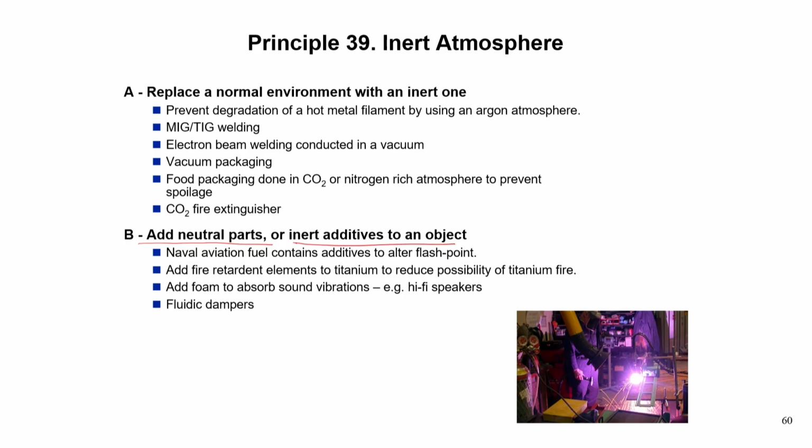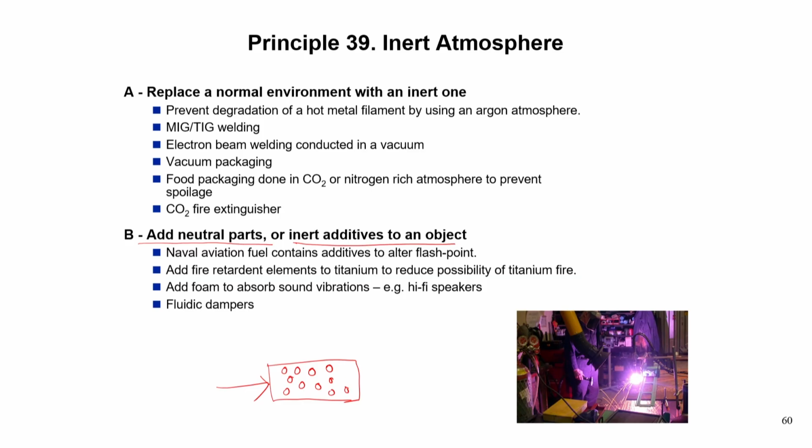In terms of the dampers, for example, a very common way of adding a neutral part in a damper is like, say, suppose we have a damping material which is used for shock absorption, and often we fill it up with some glass particles.